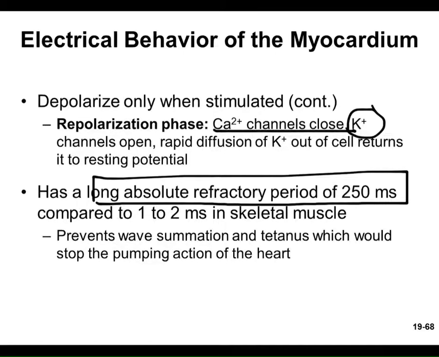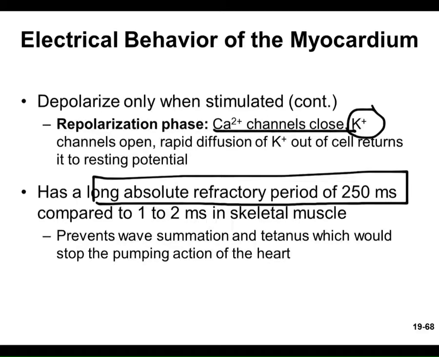You could have rapid stimulation of a skeletal muscle, multiple really quick stimulations, and the skeletal muscle wouldn't have the chance to come back to resting. Those twitches can be very fast: depolarize, repolarize in just a couple milliseconds. Heart muscle, none of that. You cannot get the heart to refire during that absolute refractory period.